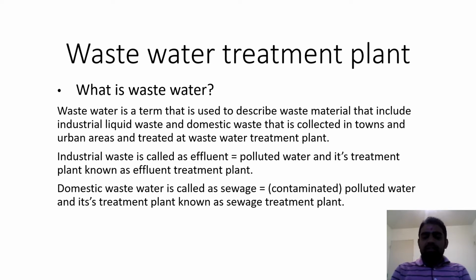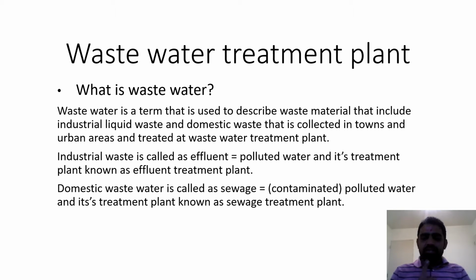Water that contains any type of organic material, as well as suspended solids and dissolved solids, is called wastewater. And to treat this water and remove all these impurities from the water is known as a wastewater treatment plant. Generally, there are two types of wastewater.